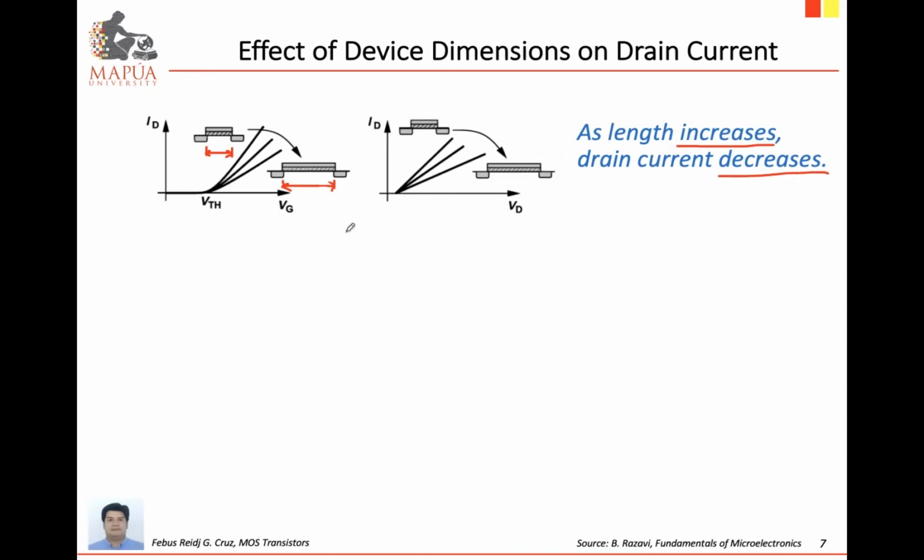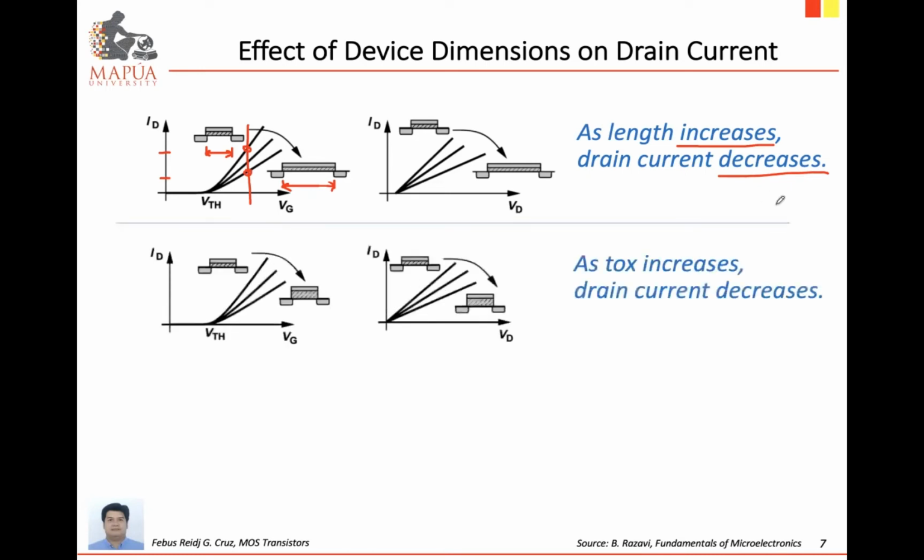For a given gate voltage, the resulting drain current at a smaller transistor length would be this value, and this will be the resulting amount of drain current for a corresponding larger transistor length. So as the length increases, expect that the drain current will decrease.